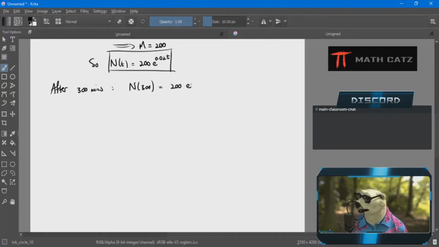So we have a couple of basic questions. First one is, I have my function here. Given a time value, what's the population? So 300, I plug in, I calculate that.